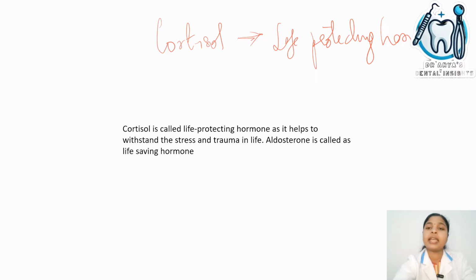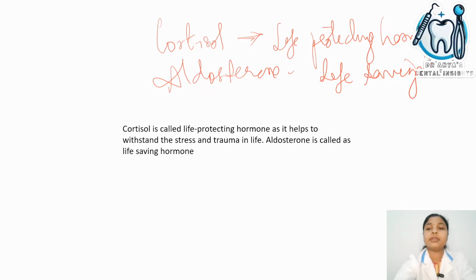Okay, and aldosterone is referred to as the life saving hormone. So two questions are there: life saving hormone and life protecting hormone. Cortisol is called the life protecting hormone. There is a mnemonic: C for C, cortisol for life protecting hormone, and A for A, aldosterone for life saving hormone.